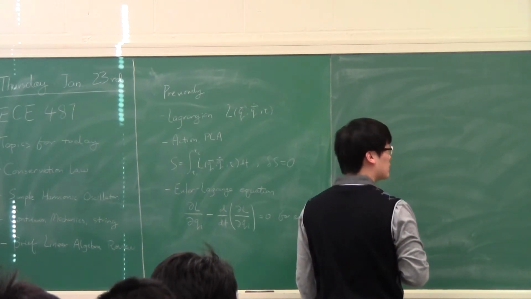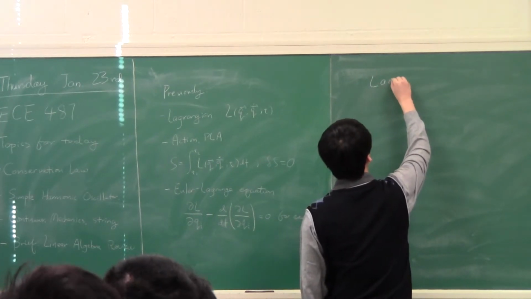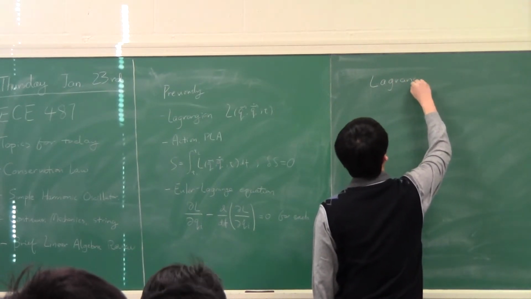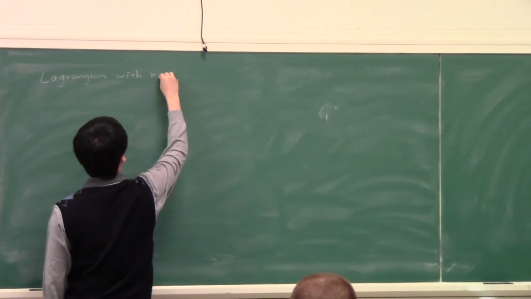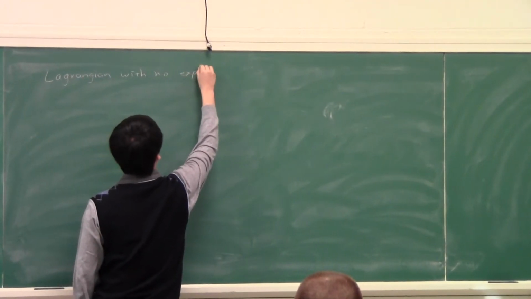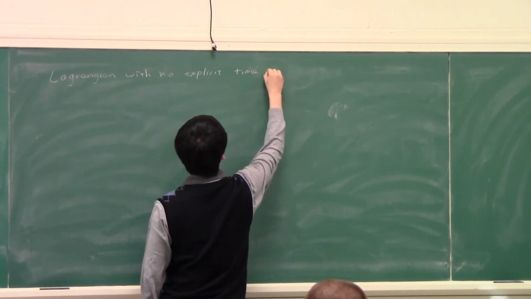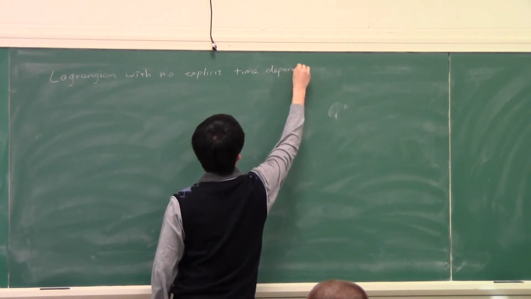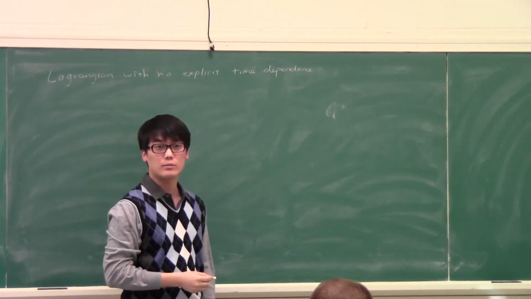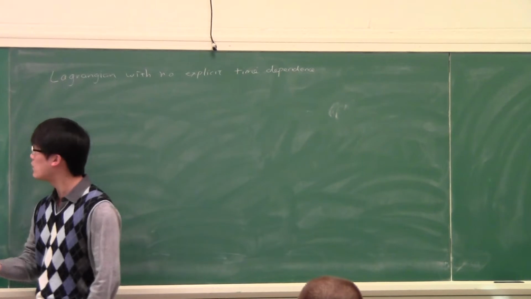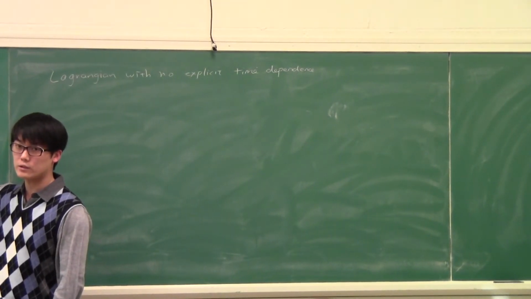So today I'm going to start by talking about a conservation law, and that is the conservation of energy. So let's consider a Lagrangian with no explicit time dependence. I want to stress that the Lagrangian, of course, is going to be time dependent in general, because as your system evolves, the difference between the kinetic and potential energy is going to be a function of time.